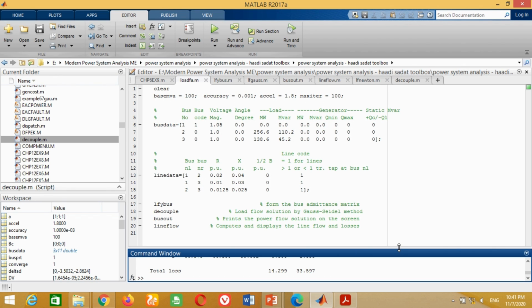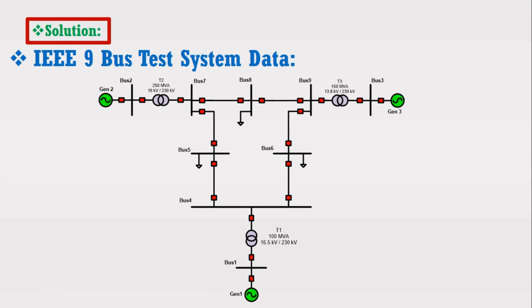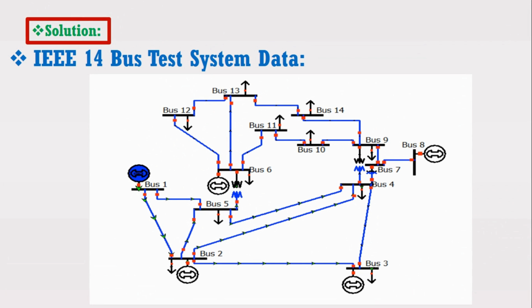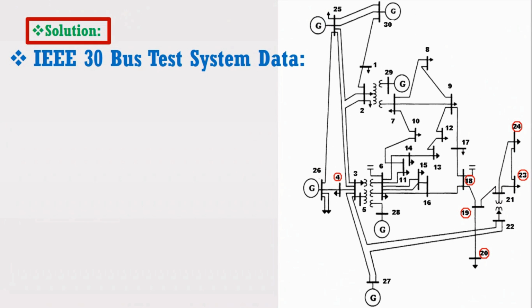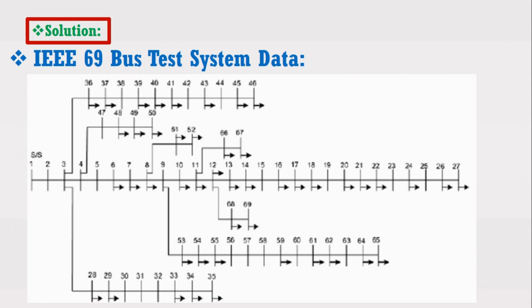It is strongly recommended that you learn these strategies and apply them on IEEE 9-bus test system data to perform its load flow analysis using all methods in order to do their comparison. Furthermore, you can also apply all these load flow analysis methods on IEEE 14-bus test system data, IEEE 30-bus test system data, IEEE 69-bus test system data and so on for research purpose.